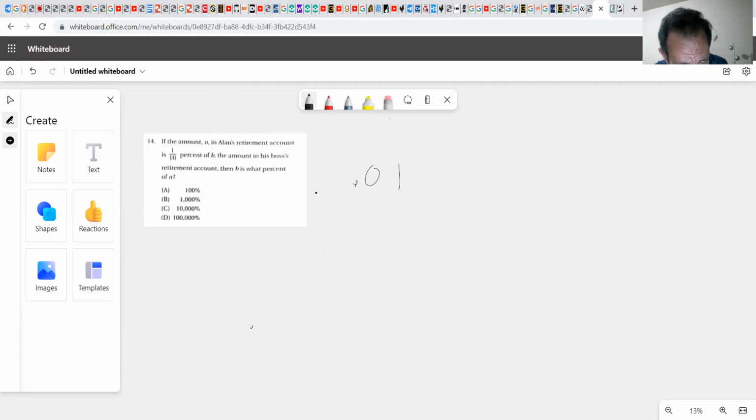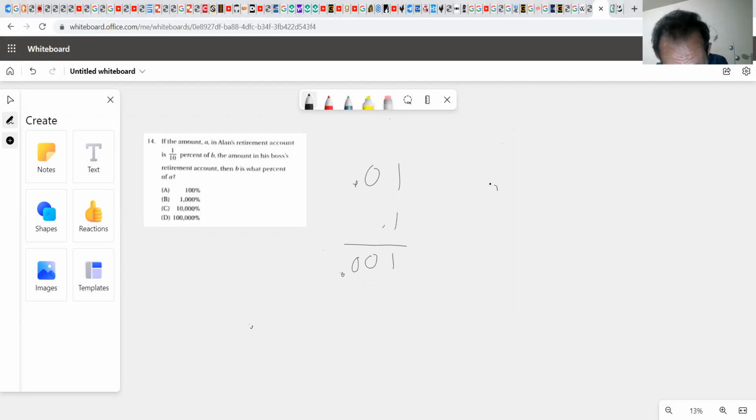So I'll just multiply 0.1 times 0.01 to figure out what that would be. That would wind up being 0.001. So based on this information, the amount A in Alan's retirement is 1/10% of B.